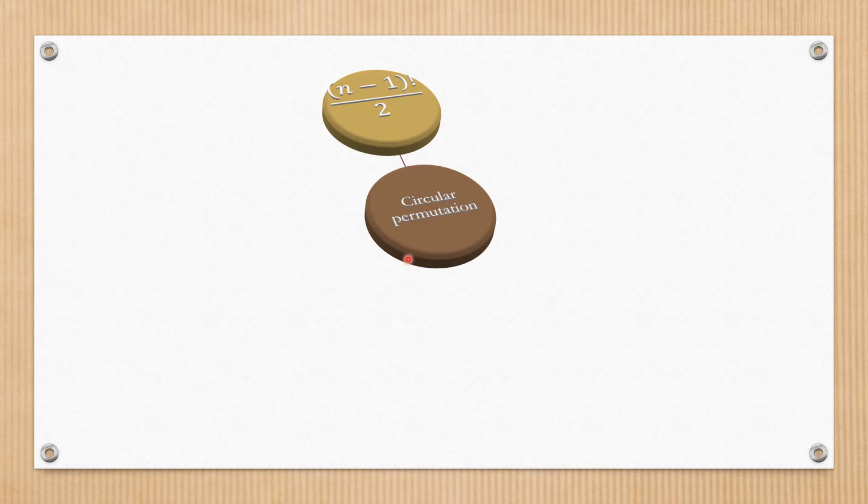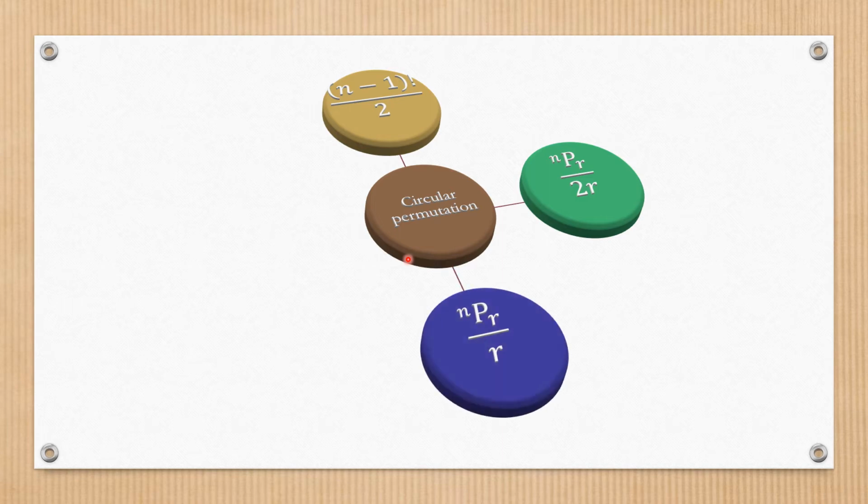If clockwise and anti-clockwise orders are taken as not different, then the total number of circular permutations is nPr upon 2r. If clockwise and anti-clockwise orders are taken as different, then the total number of circular permutations is nPr upon r.